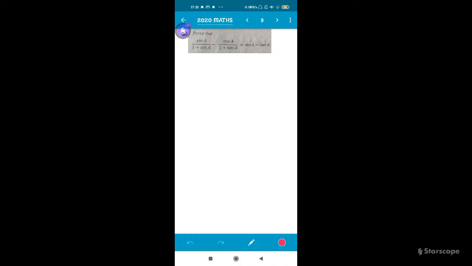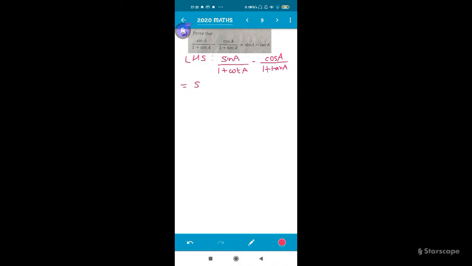That's all. So LHS is given as sine A by 1 plus cot A minus cos A by 1 plus tan A. So we are going to convert cot and tan into sine and cos form.